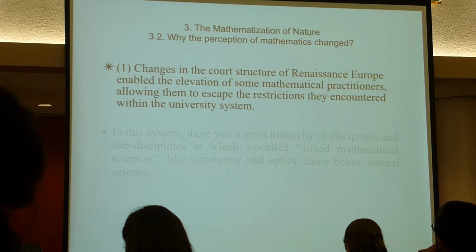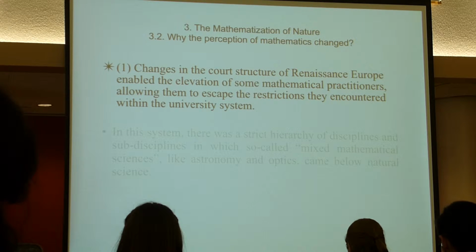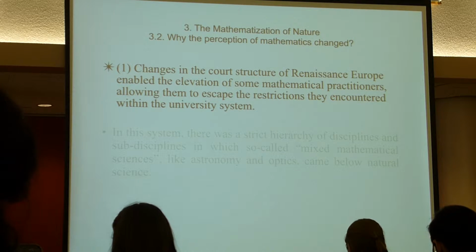So the issue is that it was more diverse. There were many people, including important philosophers, that were not in the university. So also mathematicians and other artisans. It turns out that in the court, it was easier for them to express themselves and to have more opportunities.